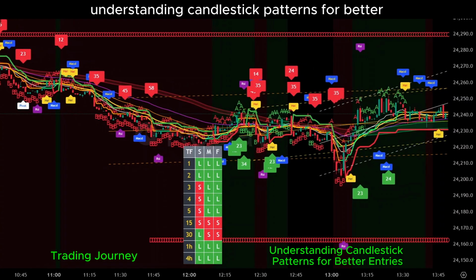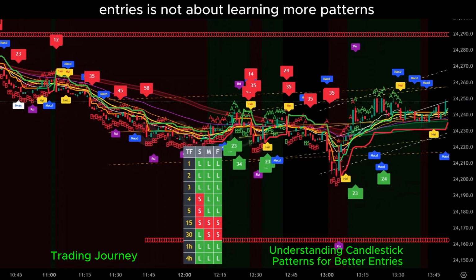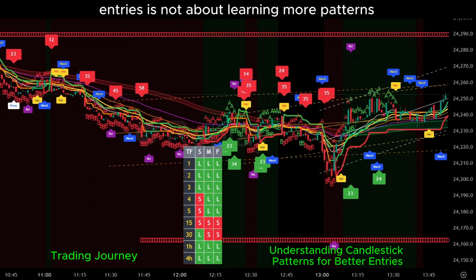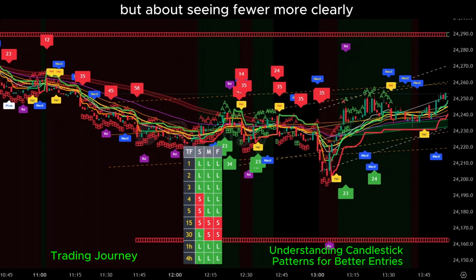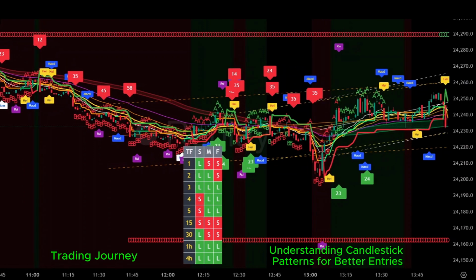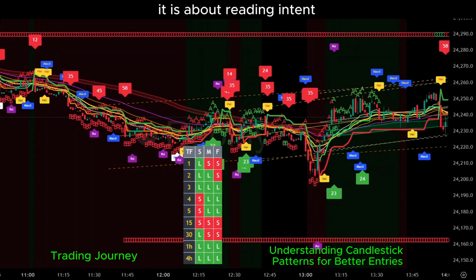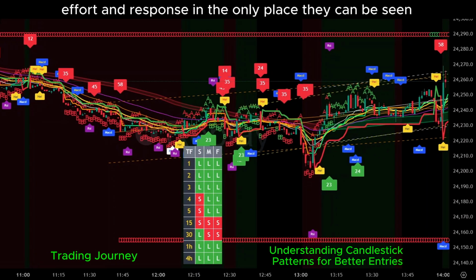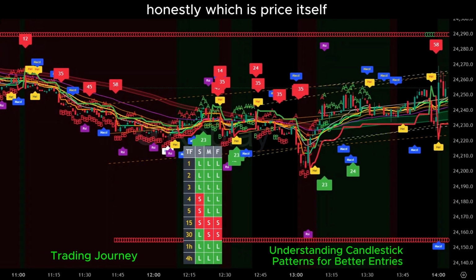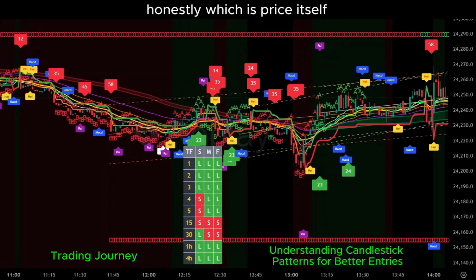In the end, understanding candlestick patterns for better entries is not about learning more patterns, but about seeing fewer more clearly. It is about reading intent, effort, and response in the only place they can be seen honestly, which is price itself.